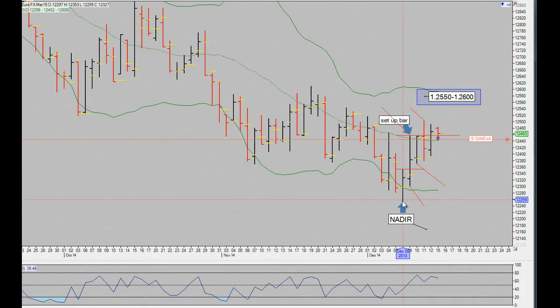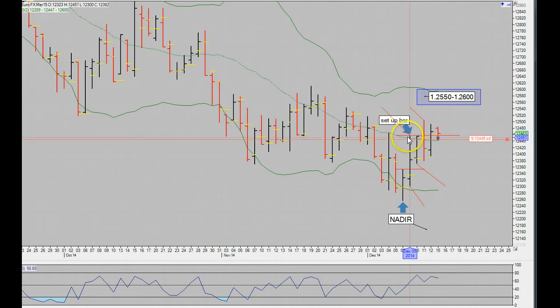Starting with Monday, on the 8th, on the nadir bar, we had price on Tuesday breach the high of the nadir bar, which created our setup bar. And then as we went into Thursday, we broke the setup bar's high, which by definition we are now in an uptrend.